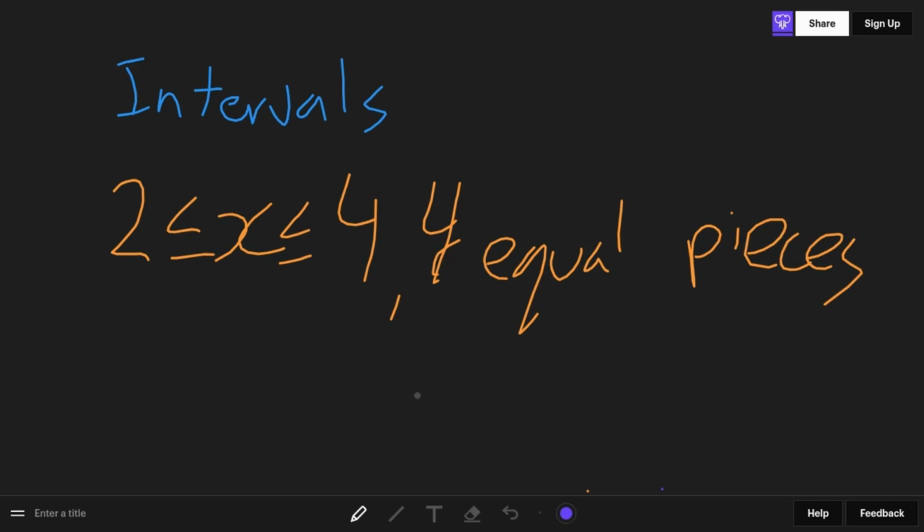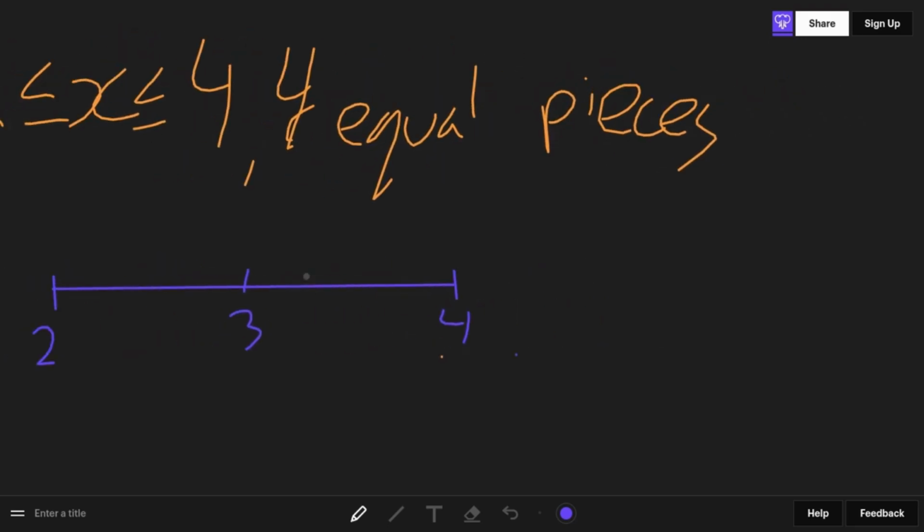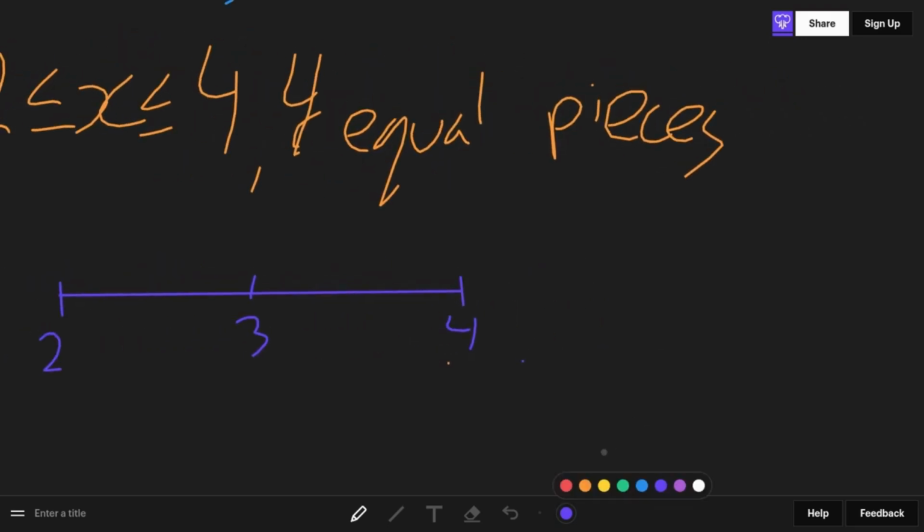That'll look something like this. Say we have 2 here, 4 here, that means 3 is going to be somewhere in the middle. To find the width, or the size of each piece, we do the big value minus the small one, so 4 minus 2 divided by how many pieces?